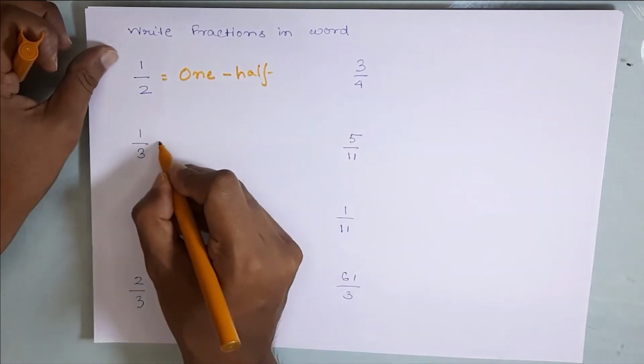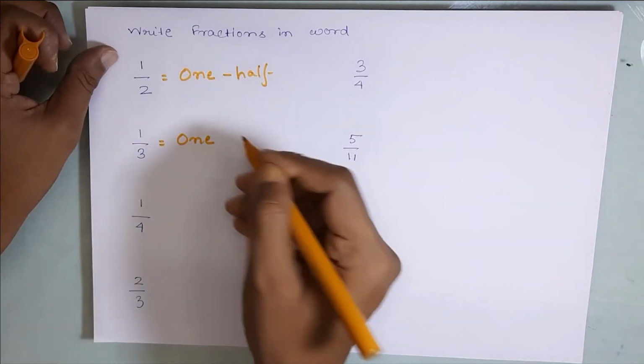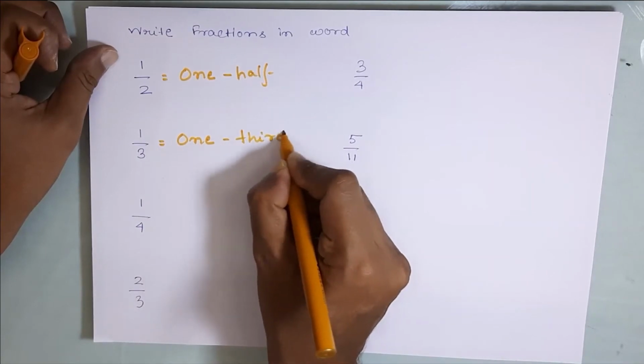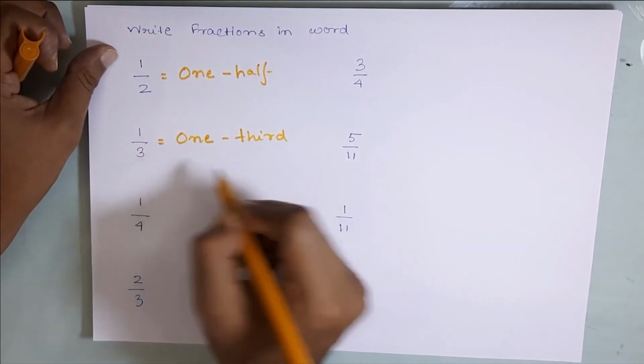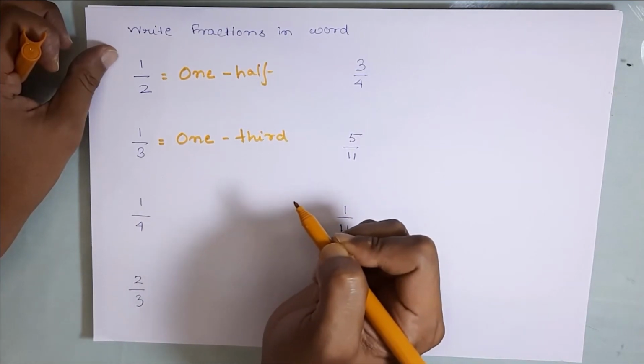How will we represent 1 by 3? It will be 1 third. So 1 is your numerator and 3 is your denominator, which will be represented as thirds.